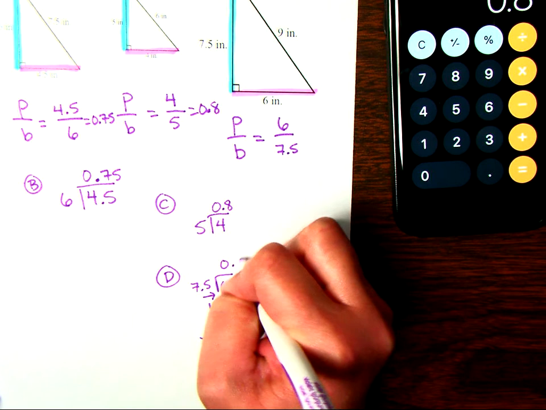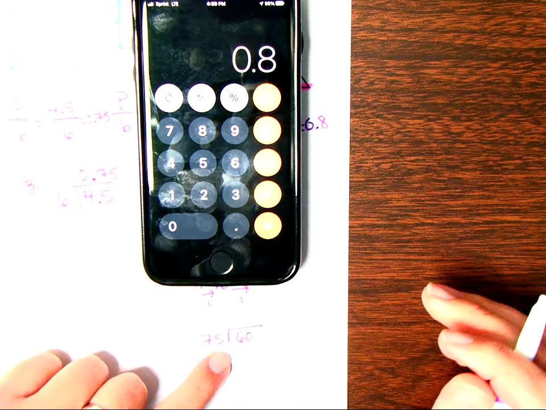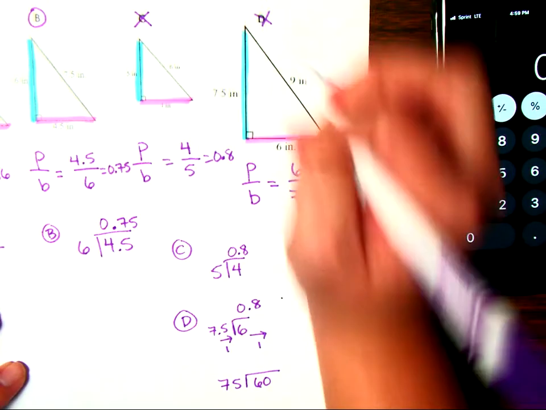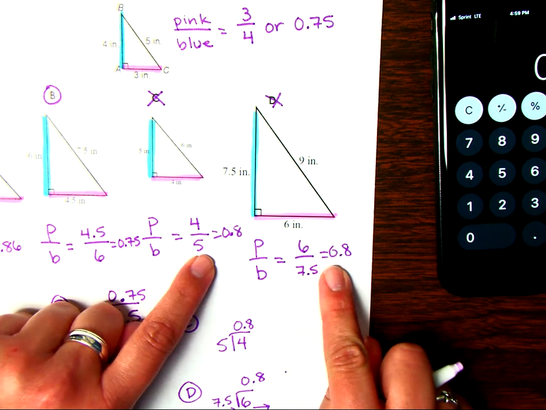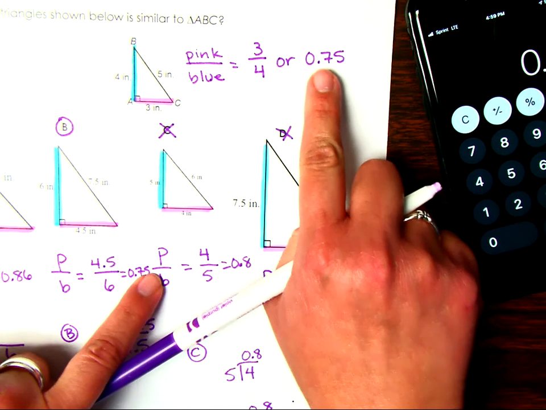And just to prove that, because we rewrote it, 60 divided by 75 is 8/10. So really and truly, C and D are similar to one another, but we wanted to know which one was similar to A, B, and C, so it had to reduce down to the same thing, so it's going to be this one right here.